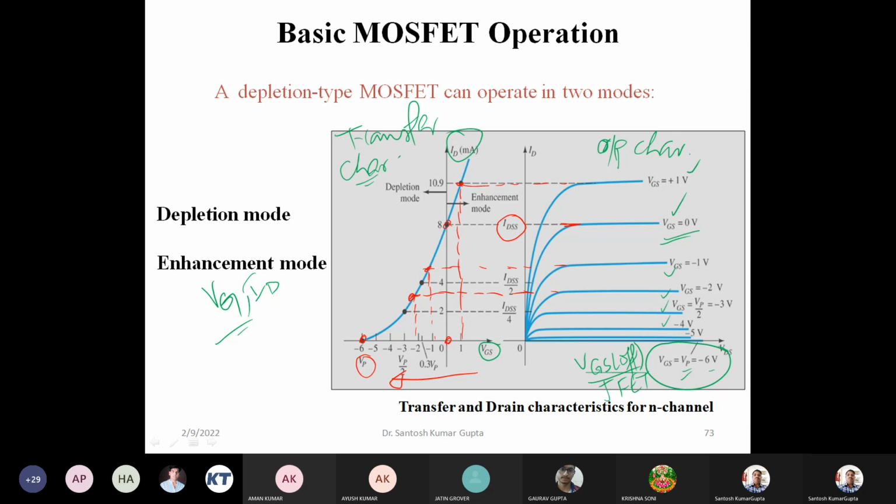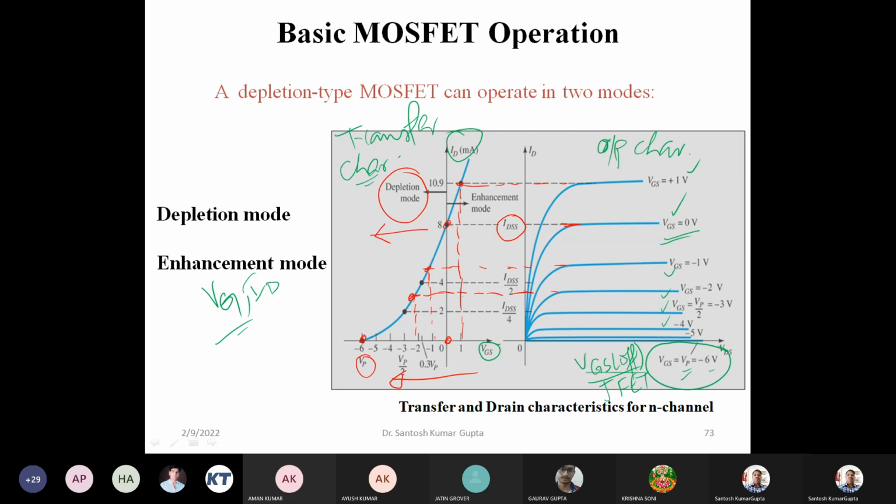So it is showing two kinds of things. On the left of this vertical axis, we see the current decrease as gate voltage is increased in the negative direction. This is due to the depletion of the already inbuilt channel, and hence it is called depletion mode.